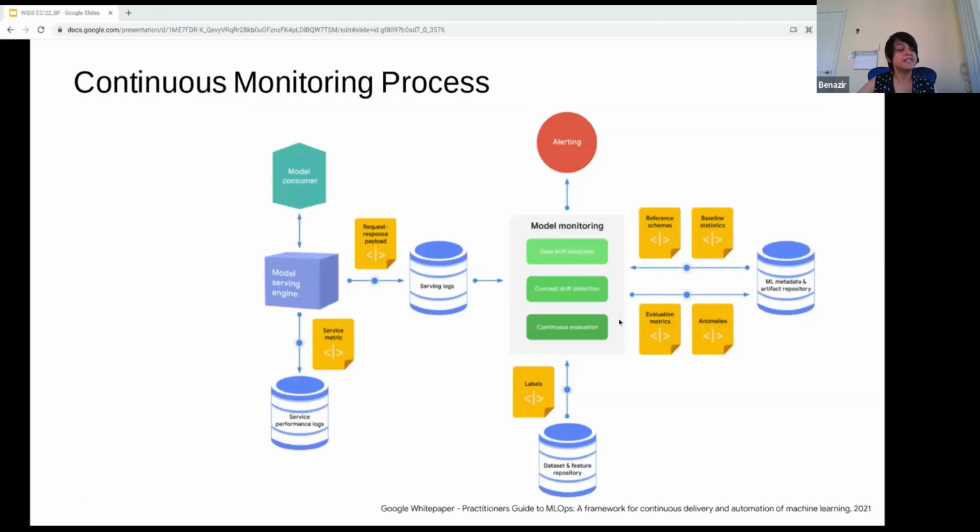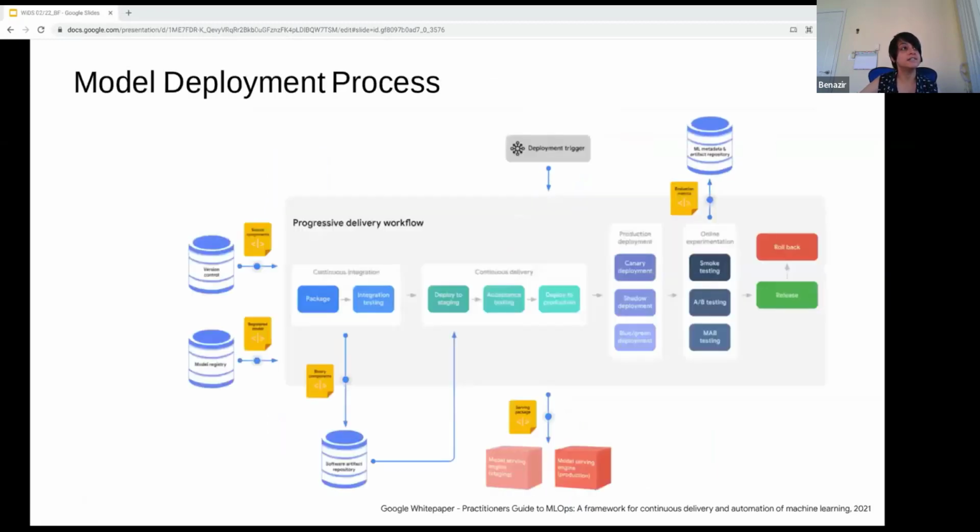So you do these, and of course, if this monitoring identifies that something has gone awry, then there is an alerting mechanism. This alerting mechanism will tie back to these.